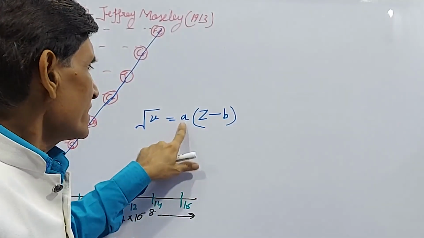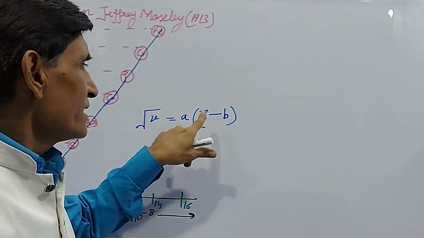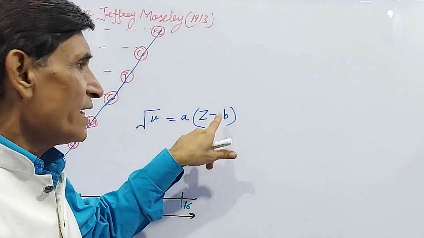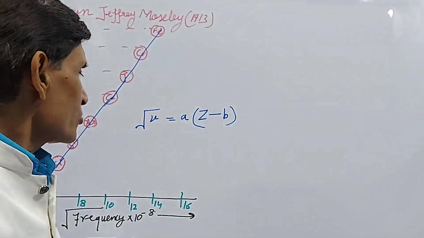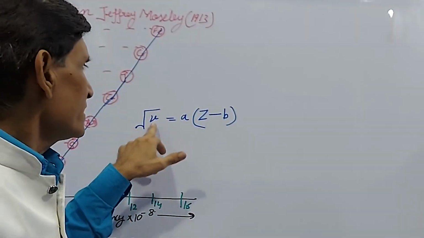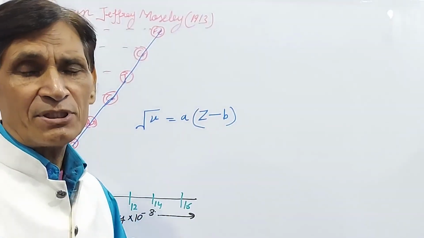Now B is also a constant, remember, it is not depending on atomic number.